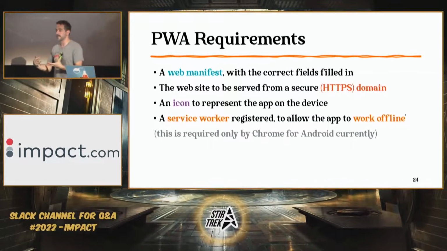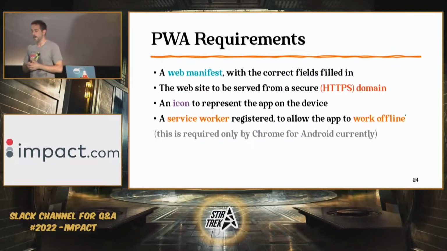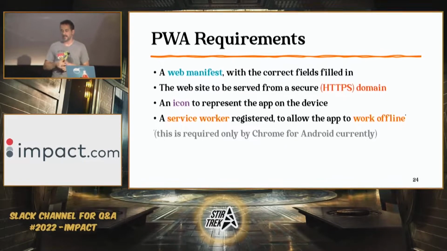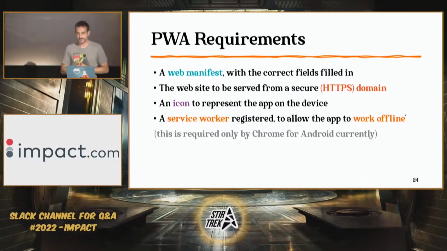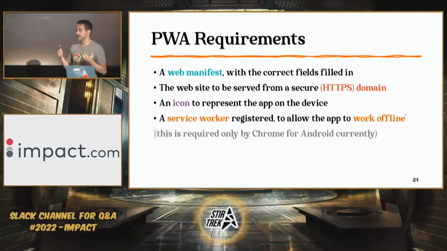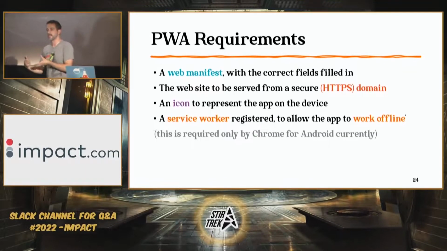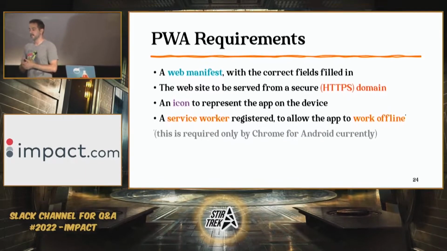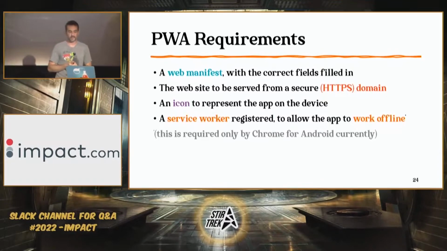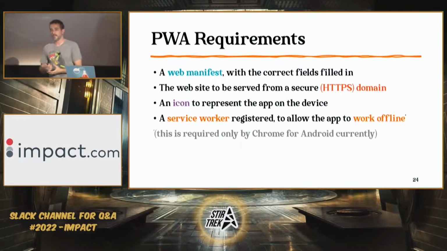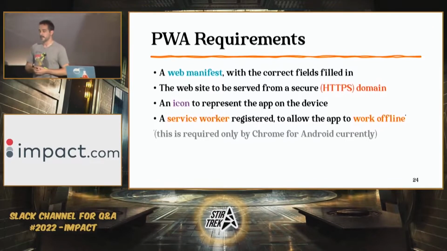The requirements for this type of an application is that it has to have a web manifest file, and it has to have the correct fields filled in. Now, we also have to have this as a secure application. It has to be served through HTTPS. We need icons because we're going to be installing this. We need the home icons or desktop icons.